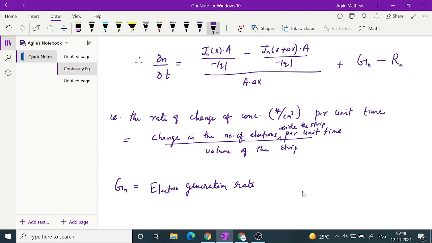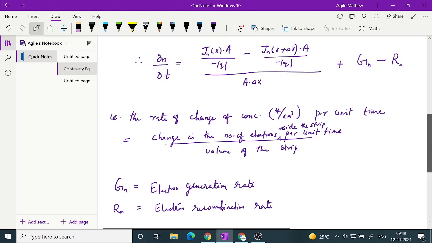So Gn is the electron generation rate, and Rn is the electron recombination rate. Whenever it is recombined, we will lose electrons.